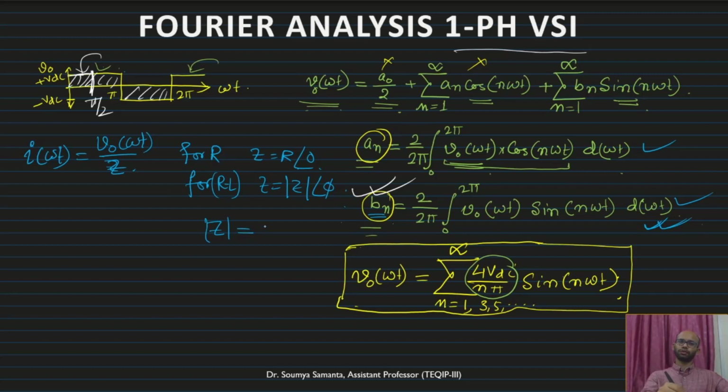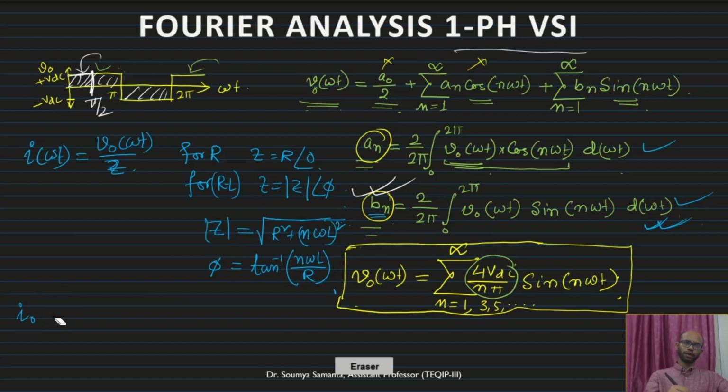Mod of Z equals root over of R square plus n omega L square. Now what is phi? Phi equals tan inverse of n omega L by R. This is the phi value. So what is the I naught expression? For R load it will be very simple, just put R here. Let me do it.